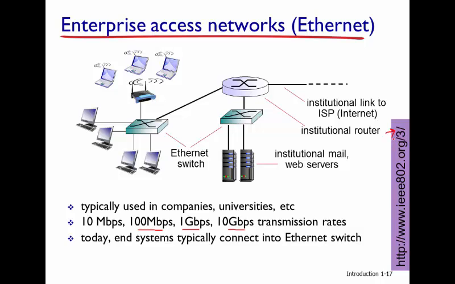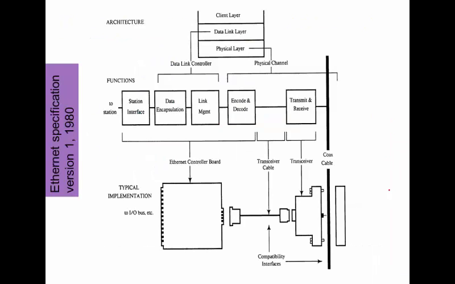Okay, 802.11. 802.3, that is Ethernet communication. And 802.15, 16, and more. So all regulations are available. So Ethernet specification version 1 was defined in 1980.